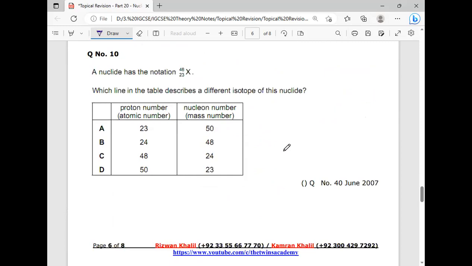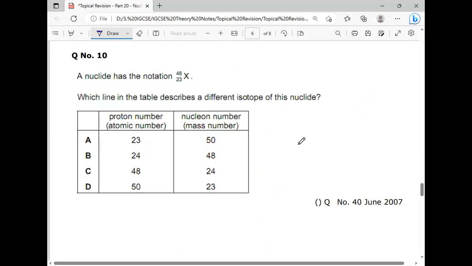Okay. A nuclide has the notation X, 23 and 48. Which line of the table describes different isotopes? Okay, so what was the definition?